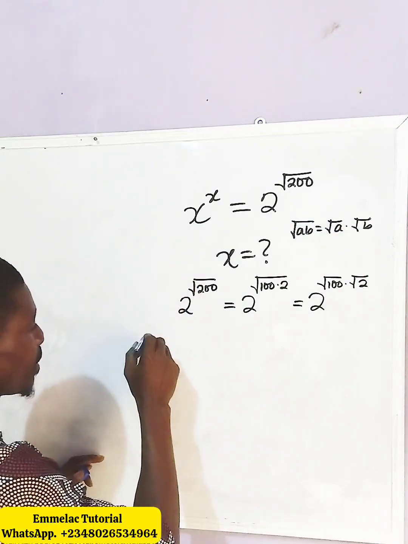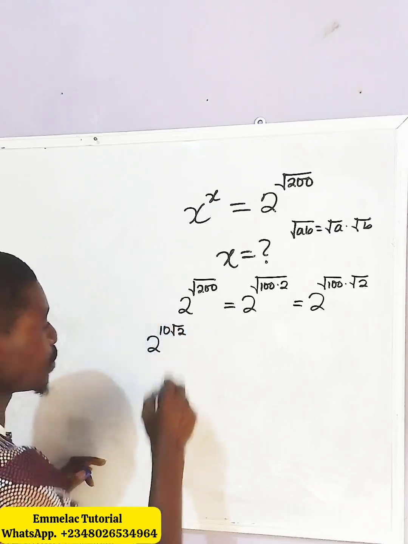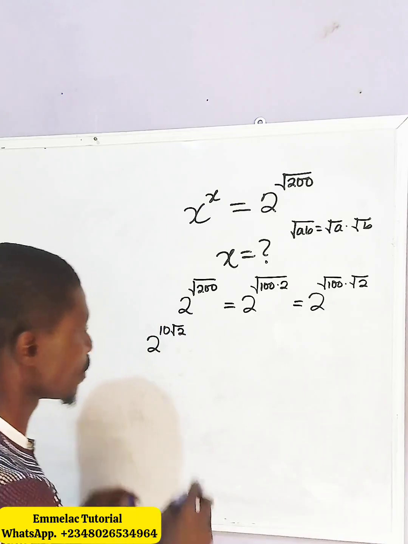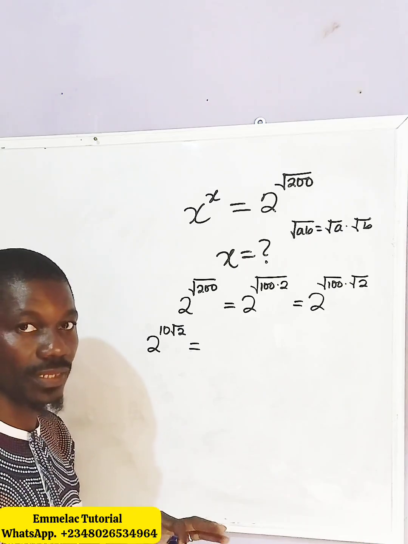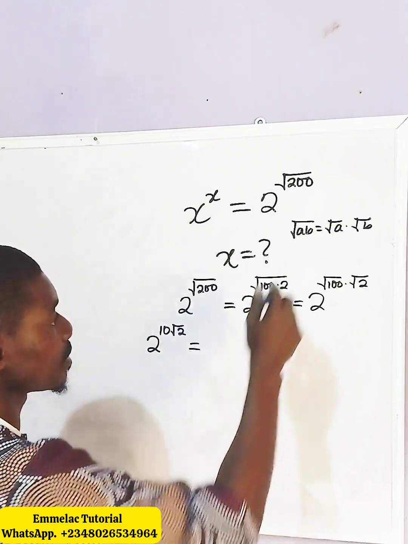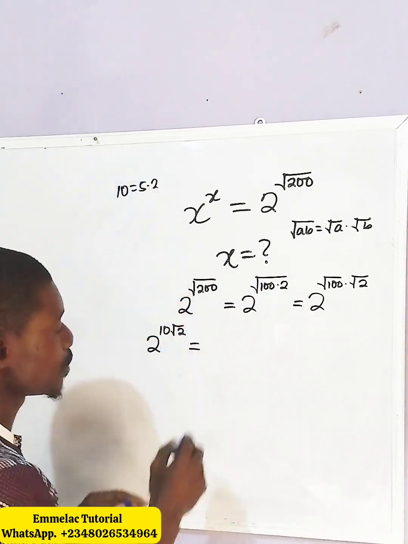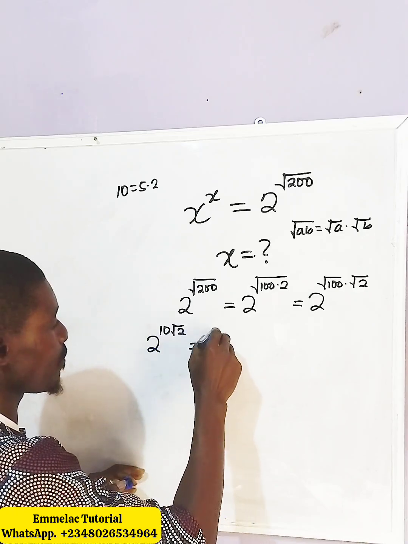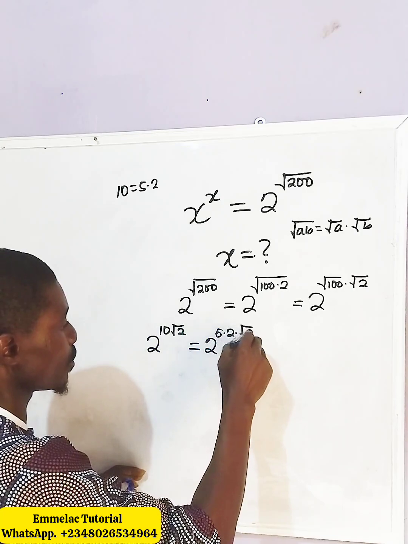So let's come over here. You have 2 raised to the power of 10 root 2. Okay, and 10 is the same thing as 5 times 2. So you can now say 2 raised to the power of 5 times 2 times the square root of 2.